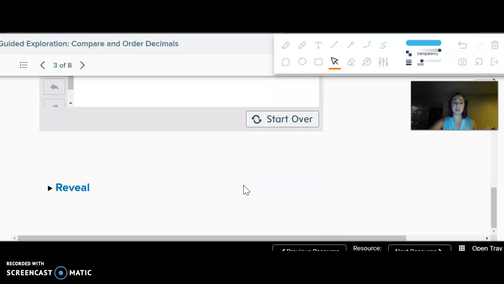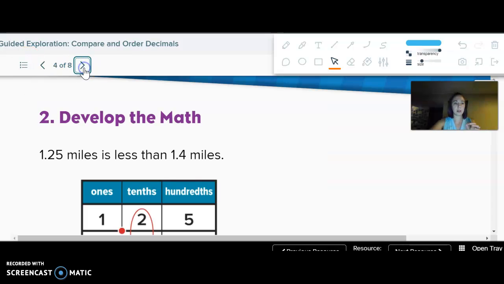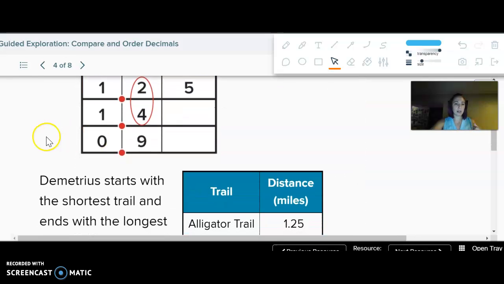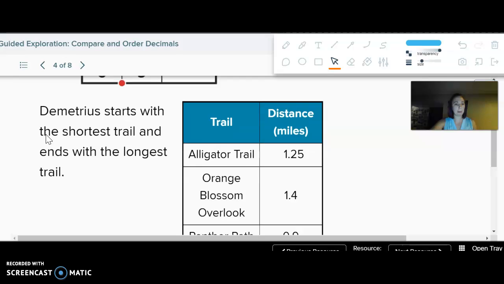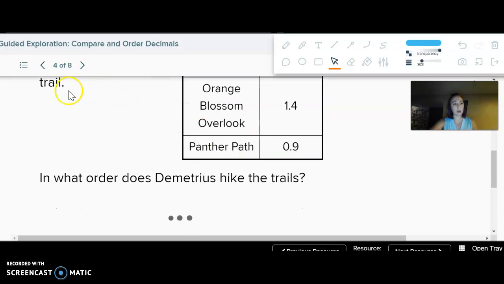The main thing is just to stay organized and be able to say, okay, I used that one. Now I'm just comparing these other ones. So we established 1 and 25/100ths is less than 1 and 4/10. So he would start with the Panther Path, then he would go to the Alligator Trail, then the Orange Blossom Overlook.